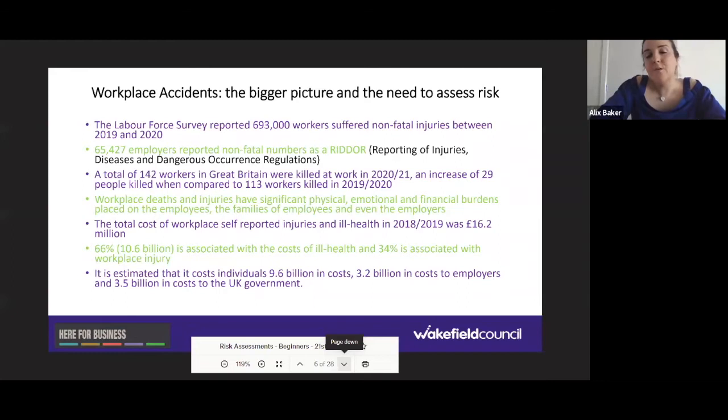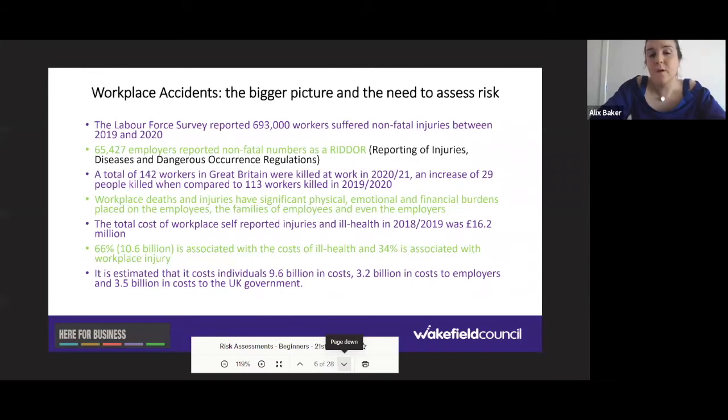So these statistics really outline the significance and the impacts of accidents in the workplace. When we don't make sure that we're looking at the risks and hazards which need to be controlled to prevent injury in the workplace, it then has significant burden, as we've seen through some of those statistics, on both businesses and employers, and obviously the employees as well.